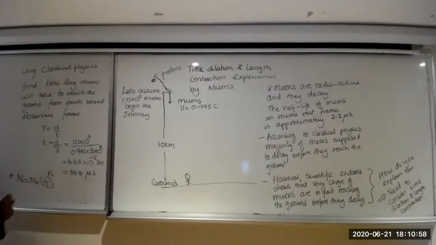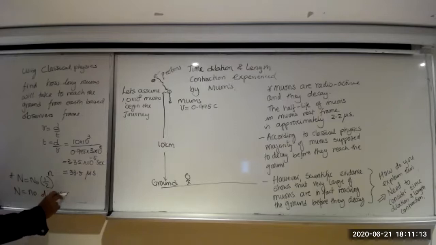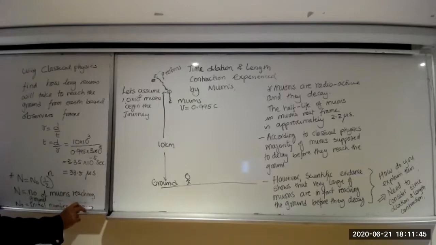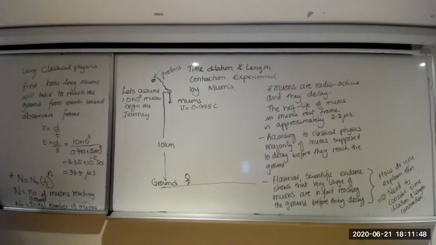The big N means the number of muons reaching the ground. N naught means the initial number of muons.